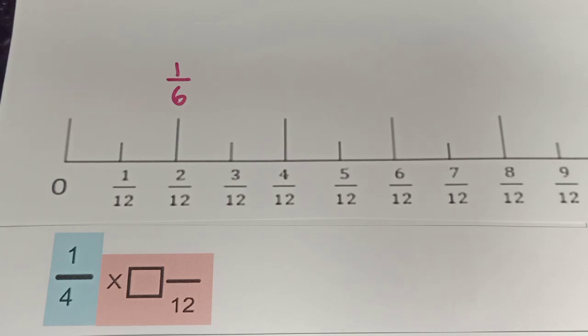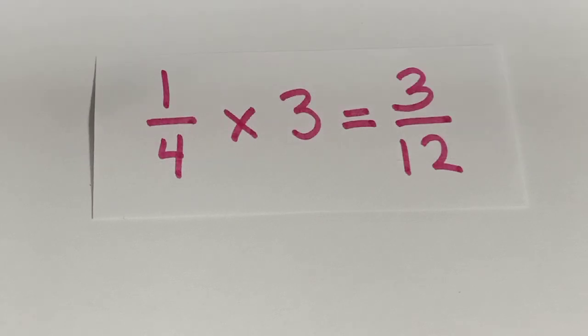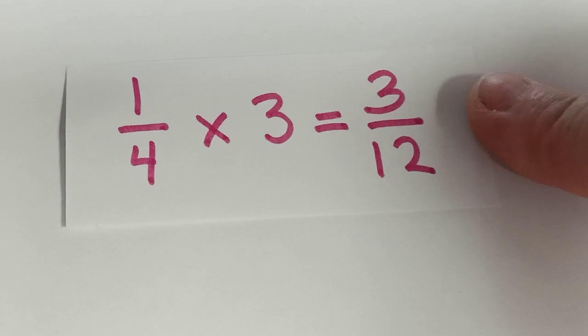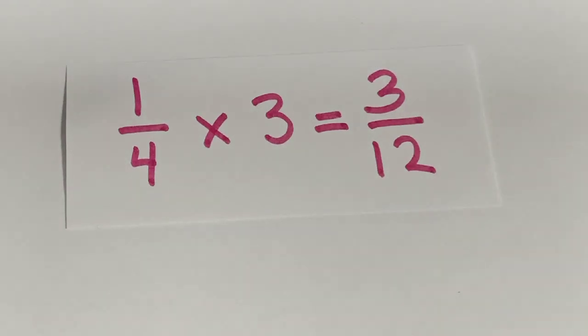I hope you figured that it's the number 3. So we're going to take 1/4 and multiply it by 3. We take our numerator of 1, multiply by 3, and we get a new numerator of 3. And our denominator, of course, is 12. So 1/4 is equivalent to 3/12.